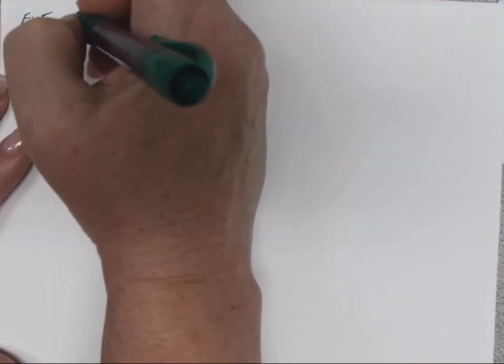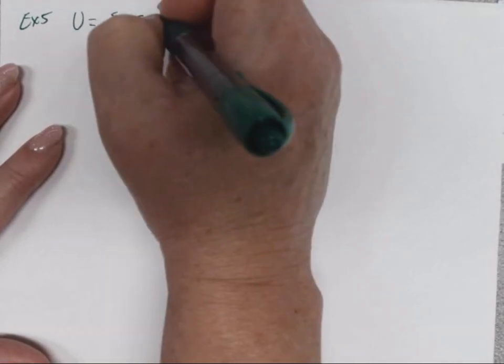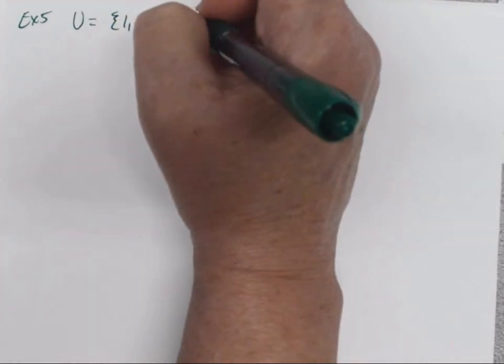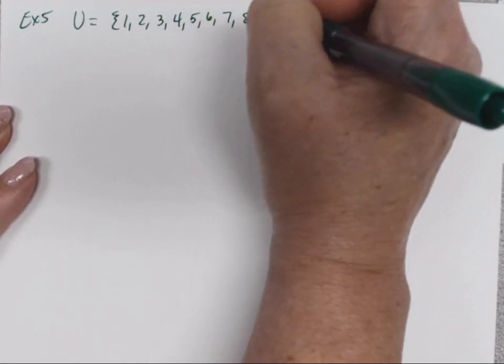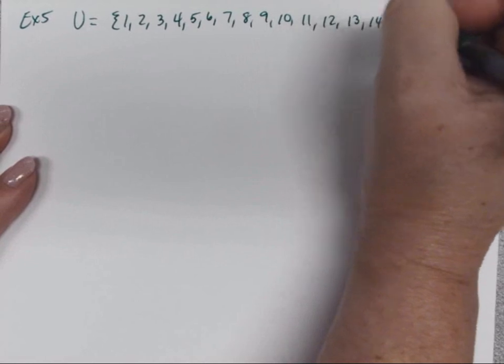So this will be example 5. In example 5, we have our universal set. It's going to be 1 through 14. So 1, 2, 3, 4, 5, 6, 7, 8, 9, 10, 11, 12, 13, and 14.